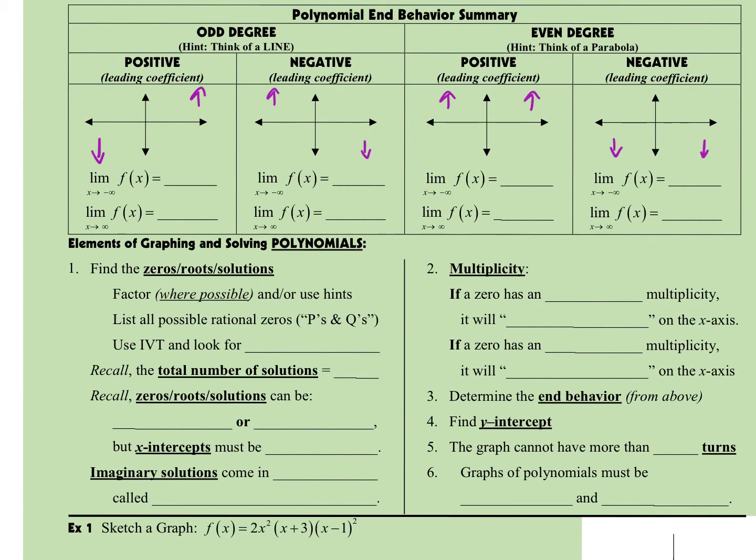Now, depending on your Algebra 2 teachers, what they may have pointed out is that you knew these end behaviors because odd degree polynomials behaved like lines. If it was odd and positive, it behaved like a positive sloping line or negative sloping line. And when it was even, the ends behaved like a parabola: even and positive, an upward turning parabola, and even and negative, a downward turning parabola.